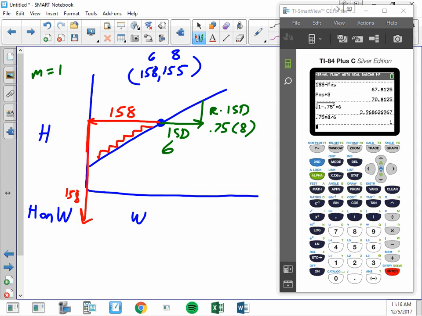In order to get back to the y-axis, I have to go 158 centimeters, which is actually going to put me in the negatives, at -3. So the equation is y equals 1x minus 3.